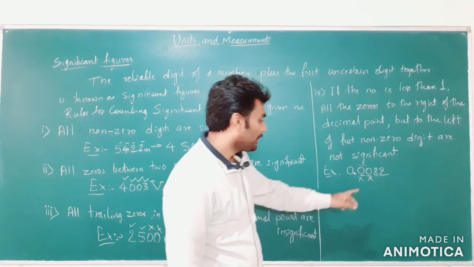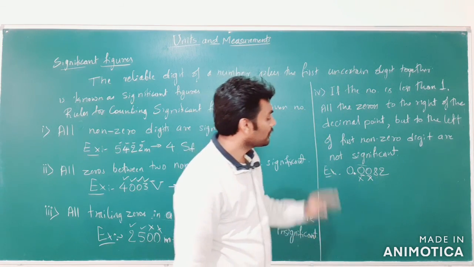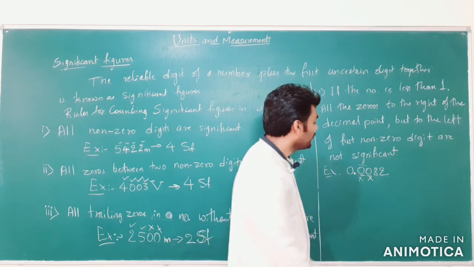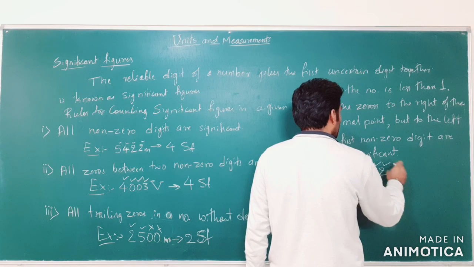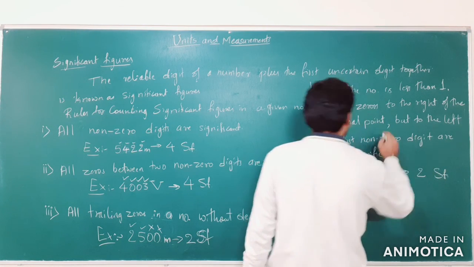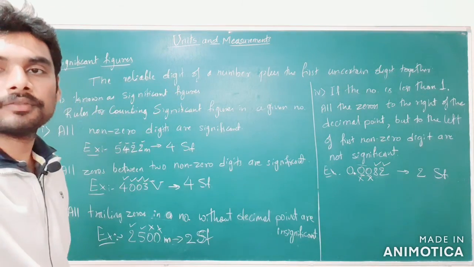And so if I ask to write the significant figures for this number, then it is going to be only 8 and 2. So it is two significant figures for this number according to the fourth rule.